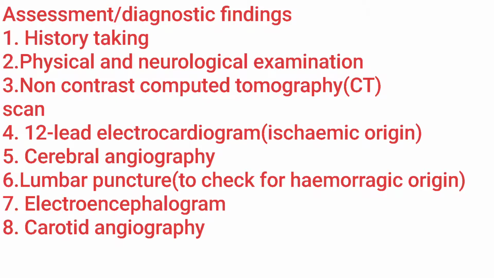Another investigation is a 12-lead electrocardiogram and a carotid ultrasound. It is done to identify the source of thrombi and emboli, the source of the blood clots or the air circulating in the blood, if it is found to be of ischemic origin.